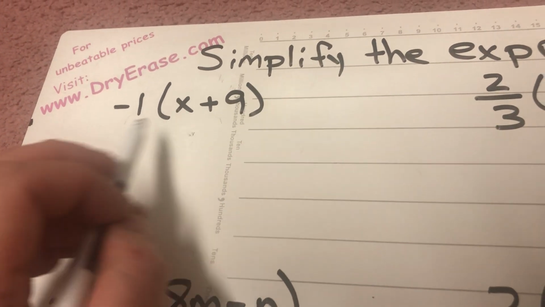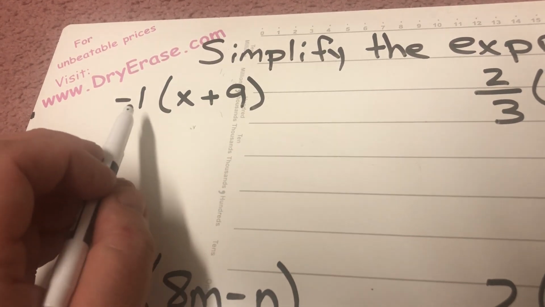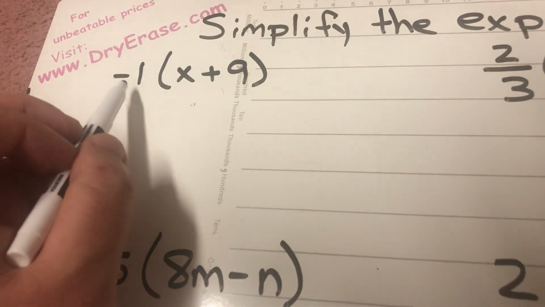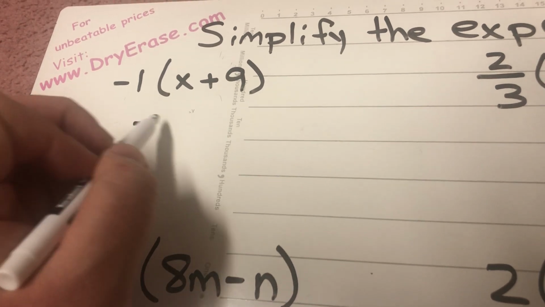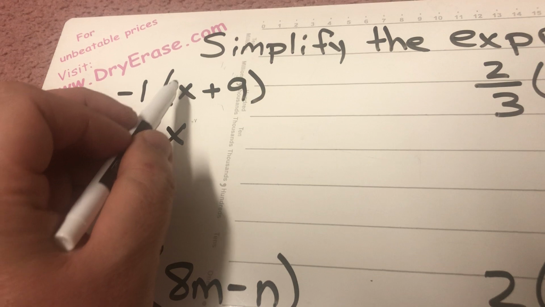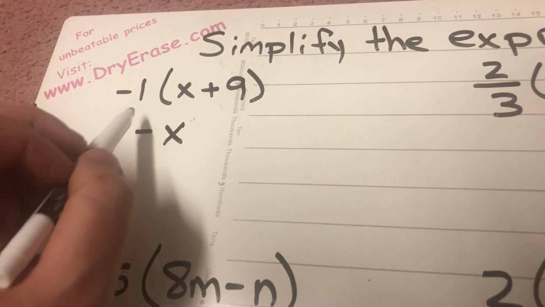So here, outside the parentheses, I have a negative 1. So essentially, I'm taking negative 1 times all of the numbers that are in there. Well, a negative 1 times x is going to be a negative x. Remember, there's a 1 there in front of that x. I don't put it there, it's just understood.